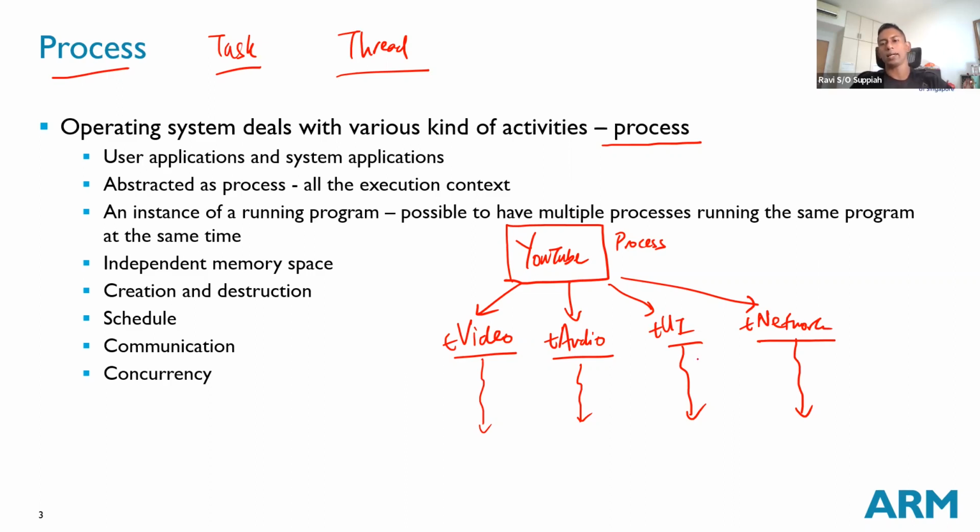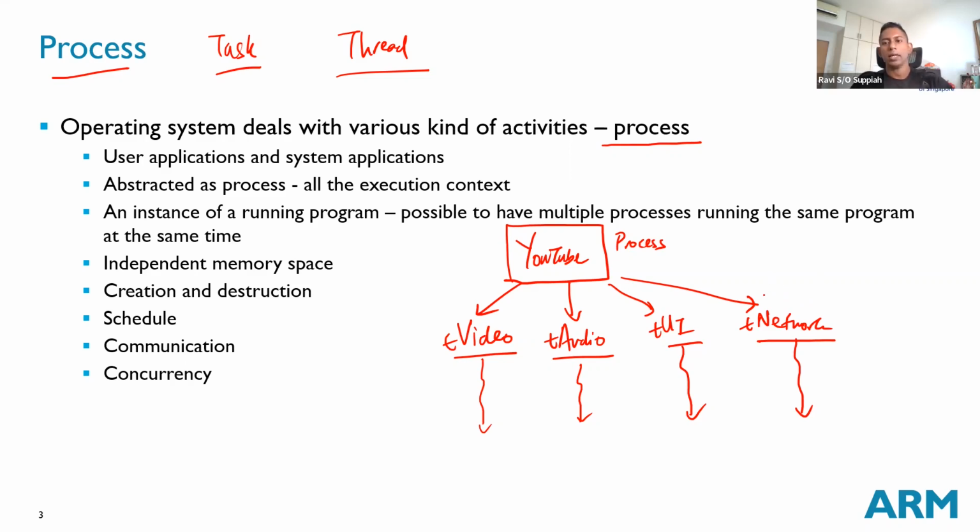When I run a task T network, I need to make sure that the data packets arrive correctly, and whatever error checking and correction is done while I'm receiving data from the network. So each task is written for a very specific purpose without bothering about what anybody else is doing.